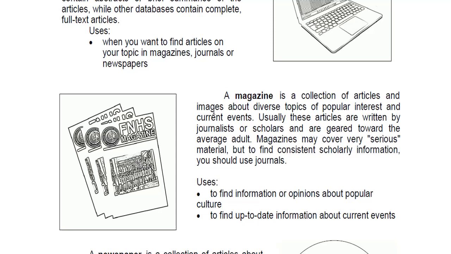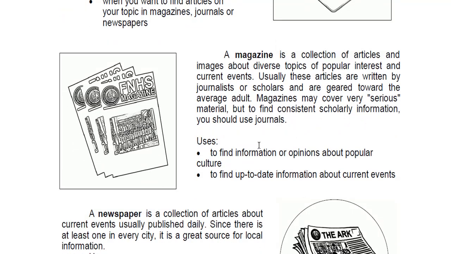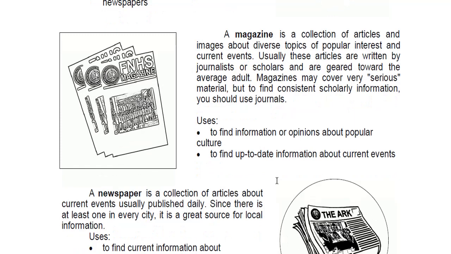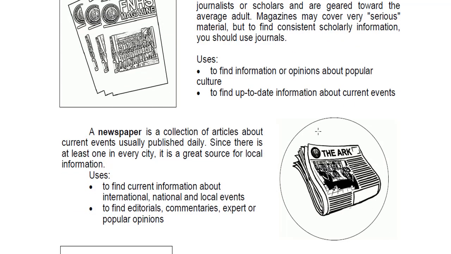But for those old magazines, we can still use them. These are the uses of a magazine: to find information or opinions about popular culture. Sometimes we publish a school magazine, and it contains the culture and the activities in that school. And to find up-to-date information about current events, the latest current events.